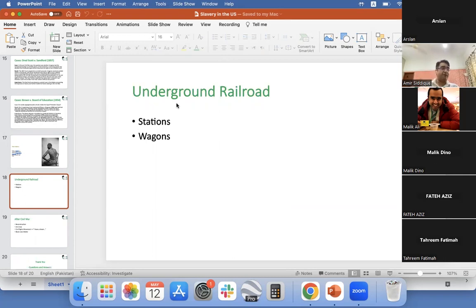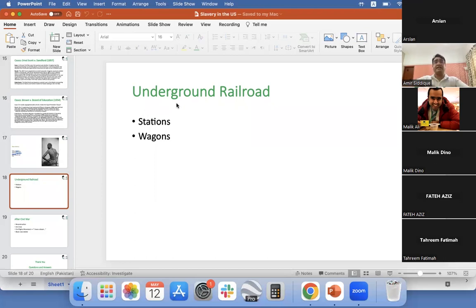What would happen is that in the North, as we talked about, there were a lot of anti-slavery activists who wanted slavery to end, and they had created so many anti-slavery societies, abolitionists, and so on and so forth. So there were people in North and South who were sympathetic to the end of slavery, sympathetic to slaves. What they were doing is helping as many slaves as possible run out of slavery.